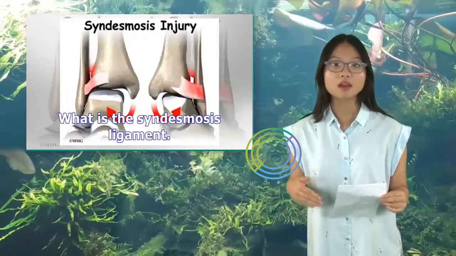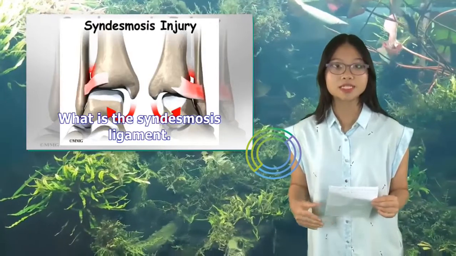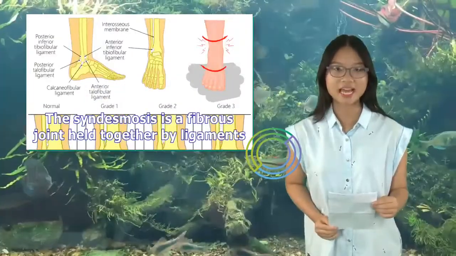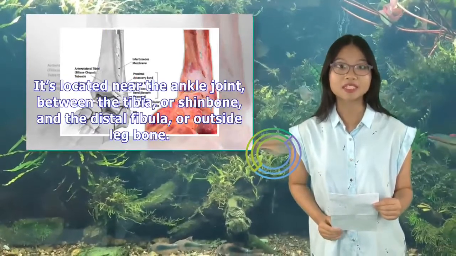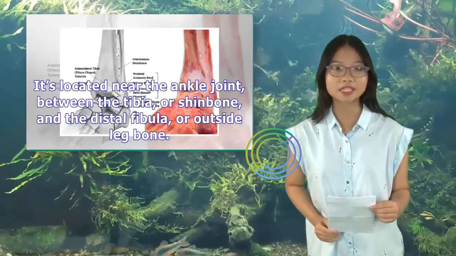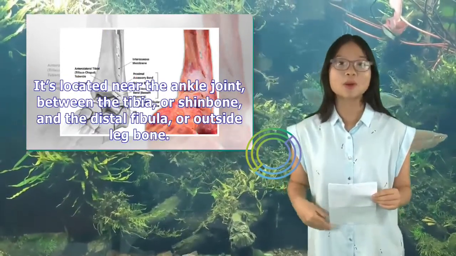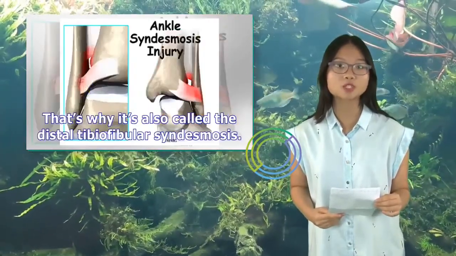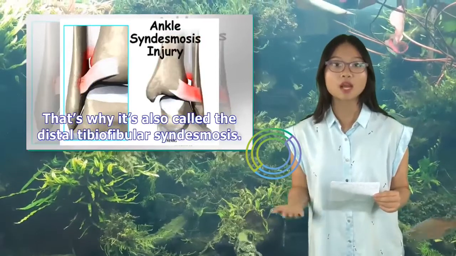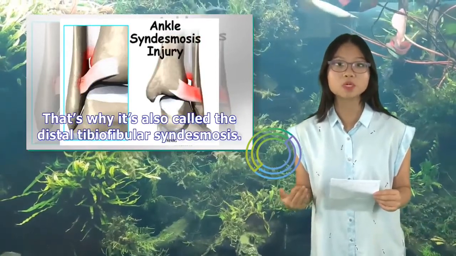What is the syndesmosis ligament? The syndesmosis is a fibrous joint held together by ligaments. It's located near the ankle joint, between the tibia, or shin bone, and the distal fibula, or outside leg bone. That's why it's also called the distal tibiofibular syndesmosis.